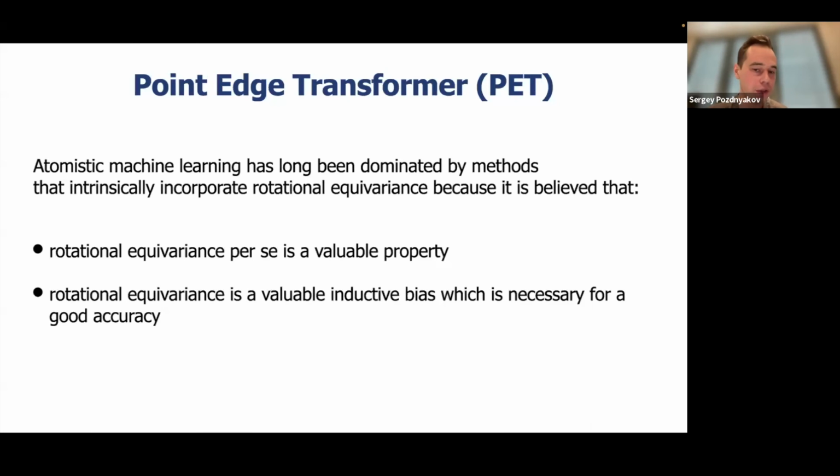So this part of my talk addresses the second concern, and basically I introduce a model which does not incorporate rotational equivariance intrinsically into the architecture, but it performs really well, and actually achieves state-of-the-art performance on multiple benchmark datasets covering both bulk materials and molecules.